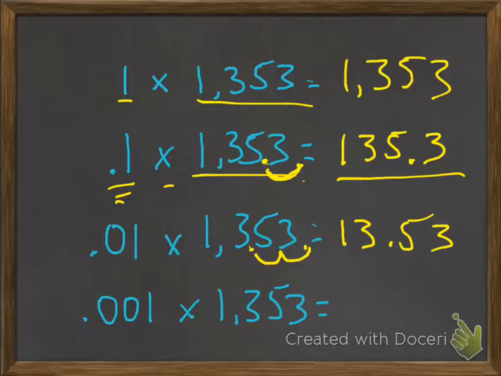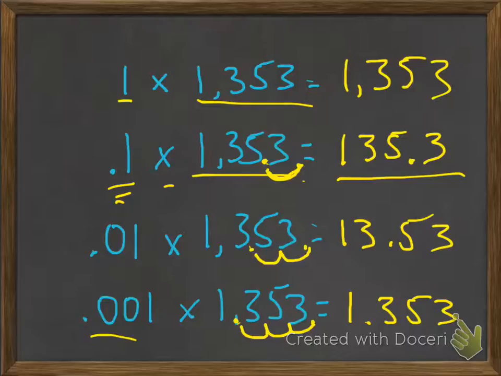And in order to figure out what 1,000th of 1,353 is, our decimal is located here. We would back it up 3 places, 1, 2, 3, and the decimal would now be located right between the 1 and the 3, and we would get as our value 1 and 353 thousandths.